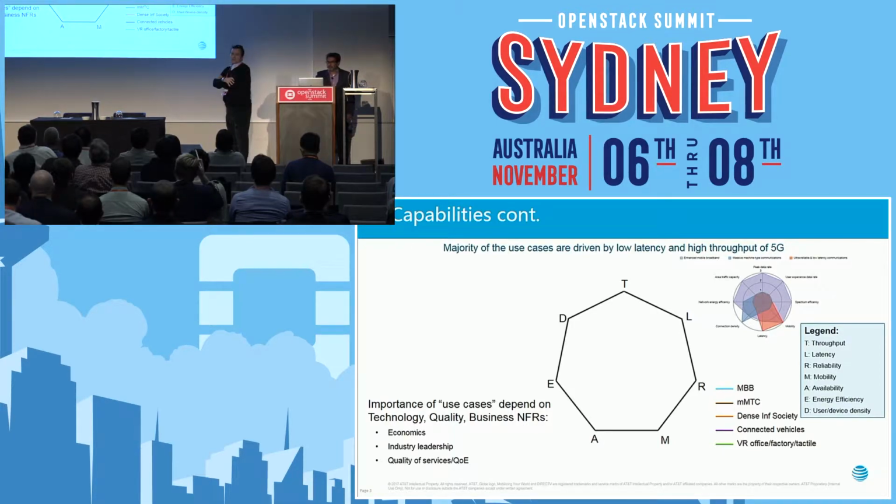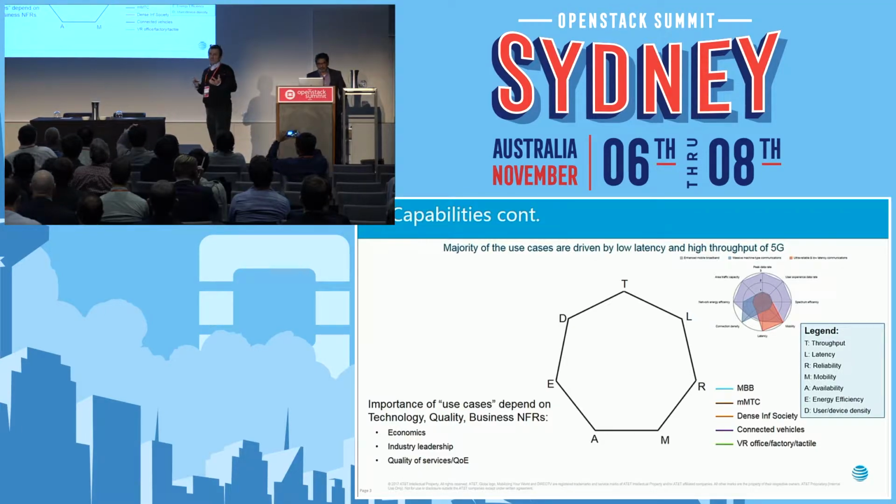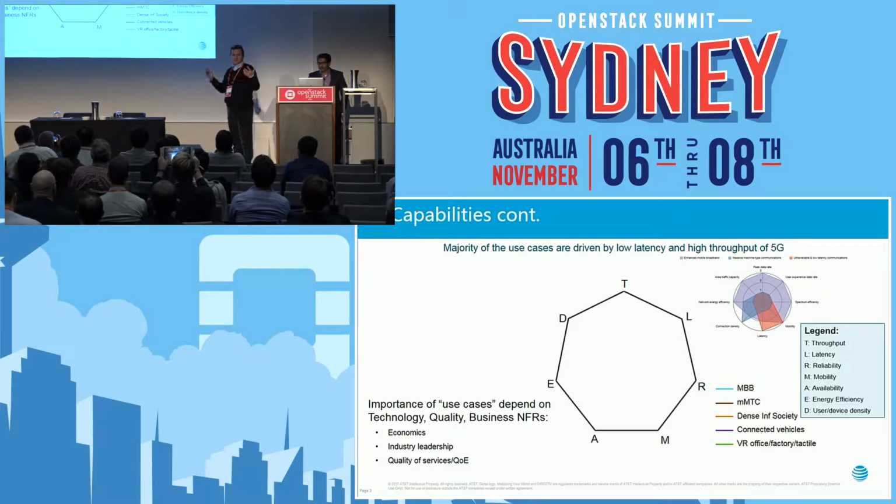Now, as I said, a technology is defined by its extreme points, right? If you are not at the extreme point of a technology, you are pretty much similar to previous technologies. So we looked at the 7 key KPIs, which are very well established across the industry. What are the key performance indicators that impact a user's experience?